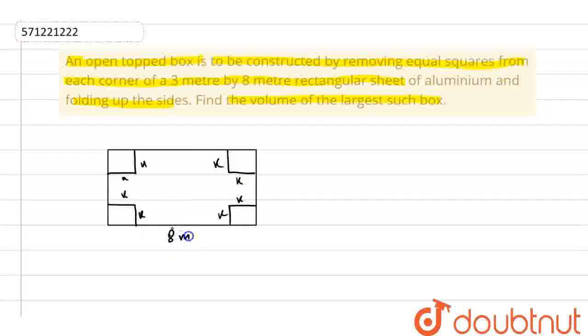This is 8 meter and this is 3 meter. So as you can see, this looks like this, and so here it is 8 meter. So here it is 8 minus 2x, and here it is 3 minus 2x.